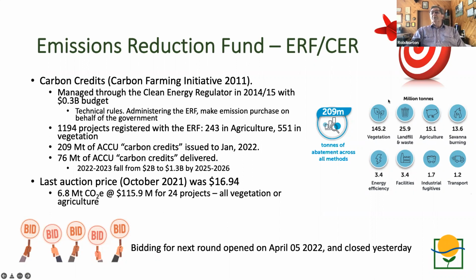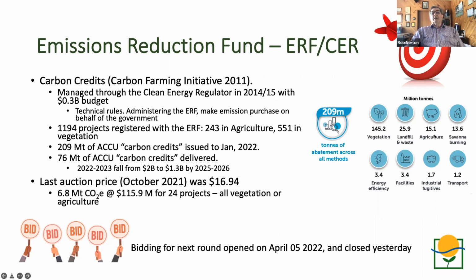And you can see that in terms of million tonnes of carbon equivalents, vegetation is by far the major strategy that has gone into the ERF. So that's where the most tonnes of carbon have been bid for, with replanting and revegetation.